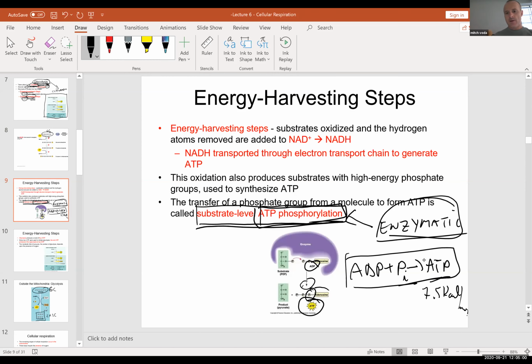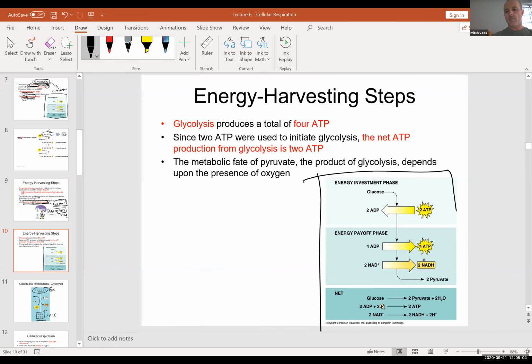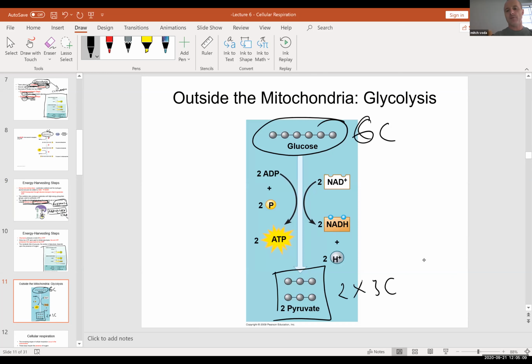Here is again the same breakdown that I showed you earlier. Remember, during the first step, you obtain 2 NADH and 2 ATP. This is the net number of ATP, because we actually produce 4 ATP, the gross number, but the net number is 2 because we need to input 2 molecules.